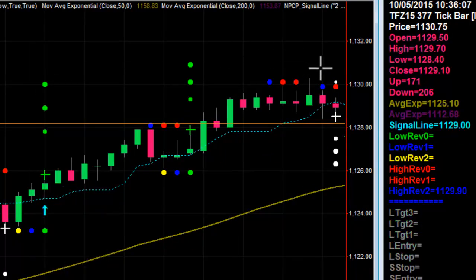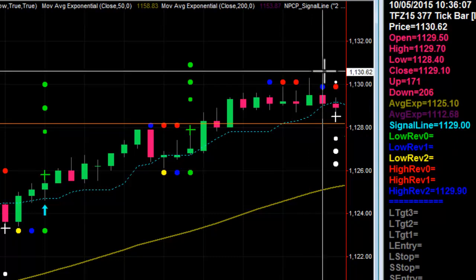And that stop is now at 1128.8. And it stabs down to 1128.4. No, I take that back. The stop on the green bar is 1128.5 minus 2 ticks is 1128.3.